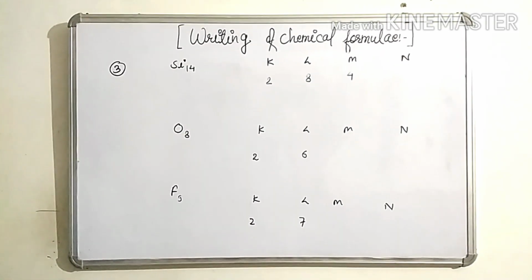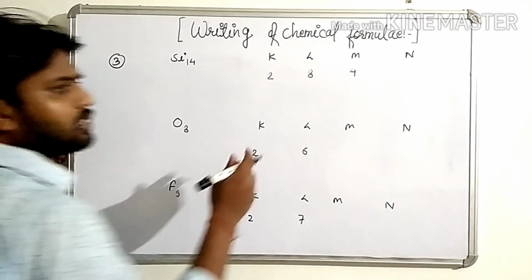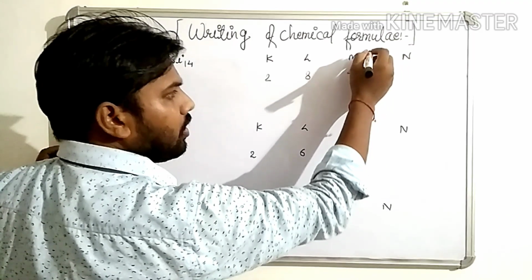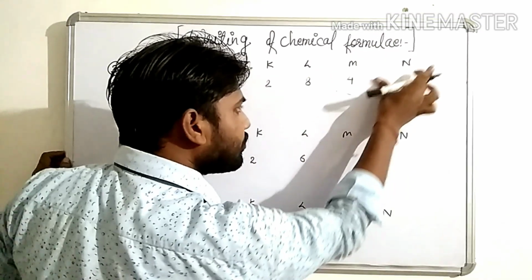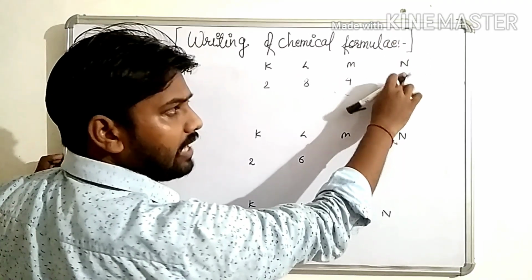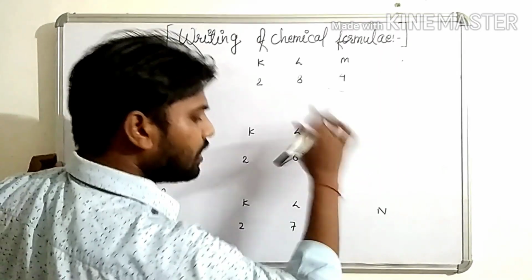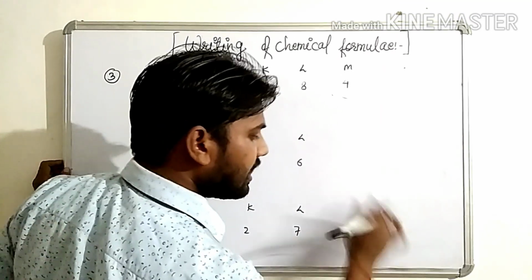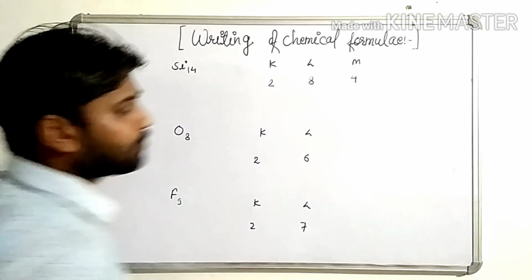Okay children, now note in your copy, the last cells N is unfilled, so rub it. M is unfilled, N is unfilled, which means there are no electrons in these cells.